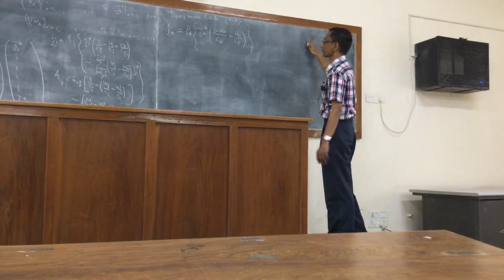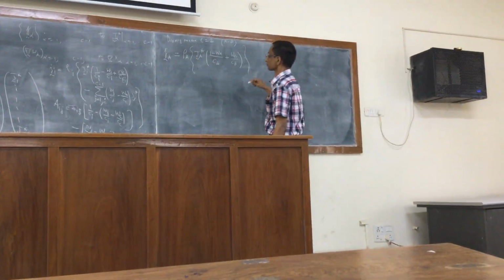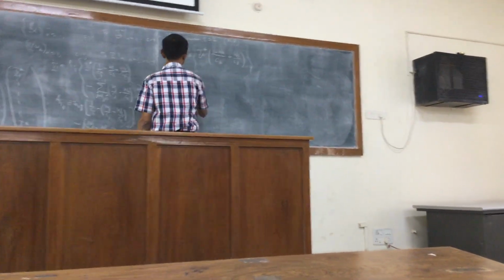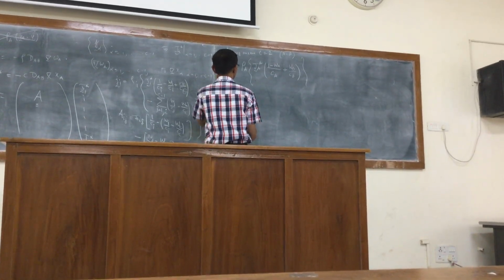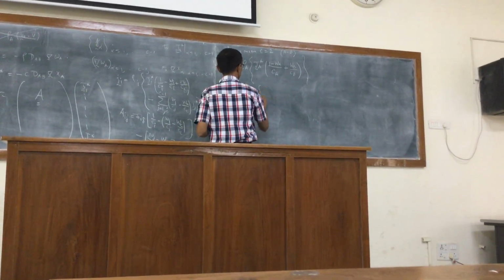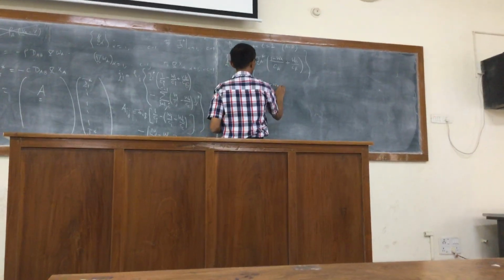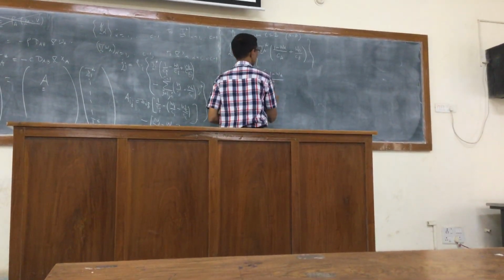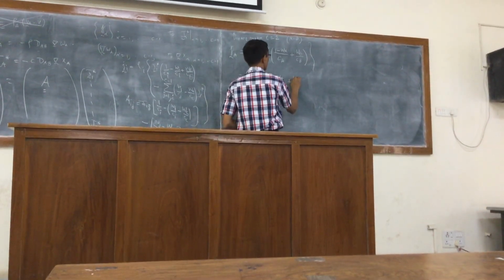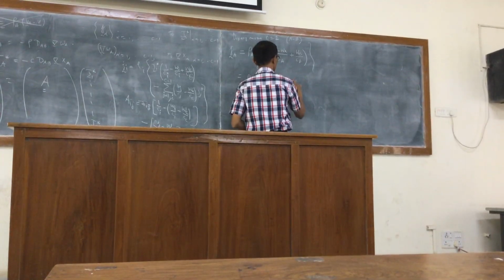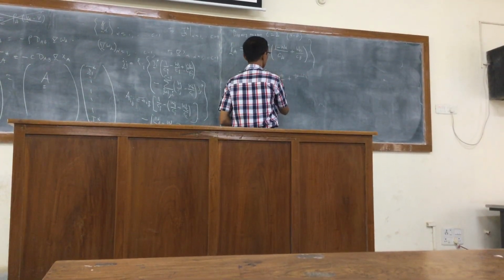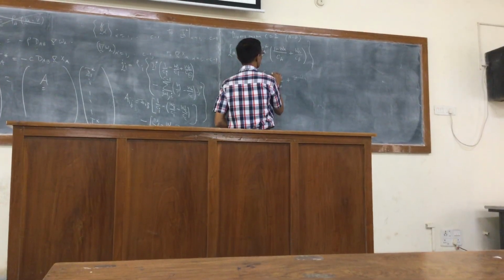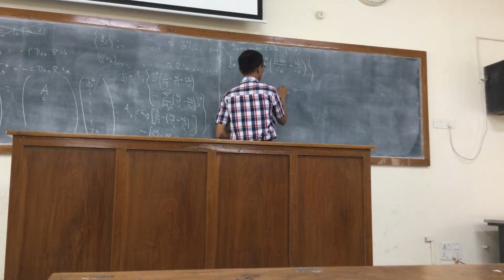I can write this as rho times WA times 1 minus WA by C times XA plus WB. I'm sorry, I can write this as WB actually.